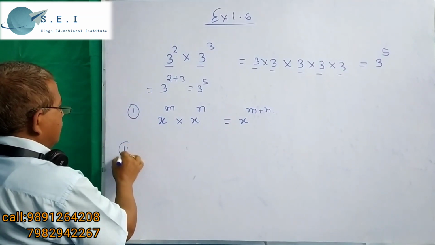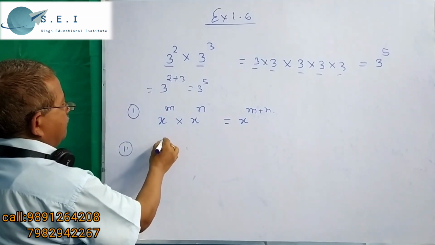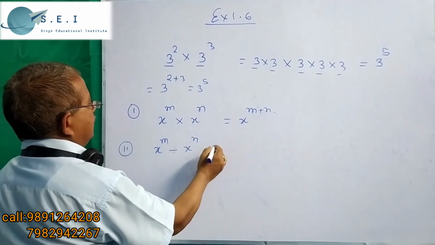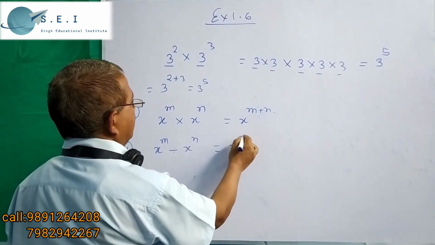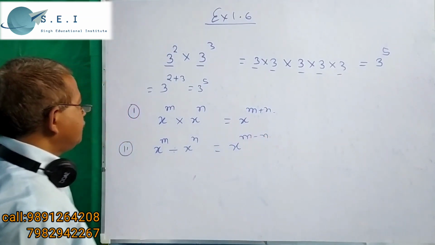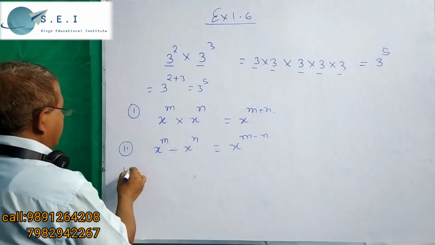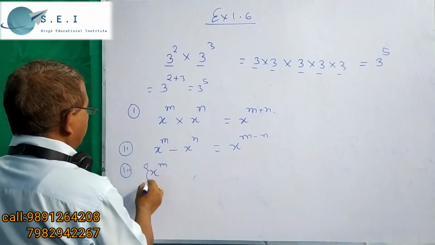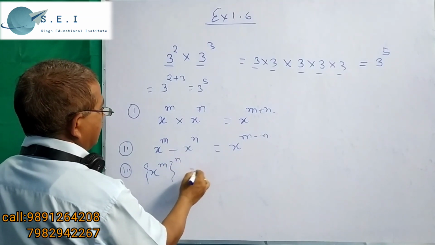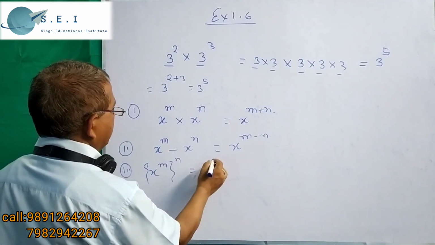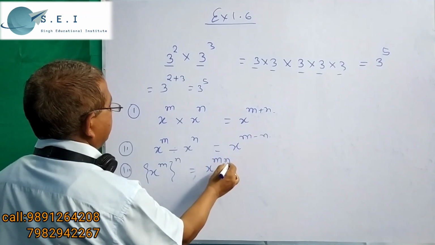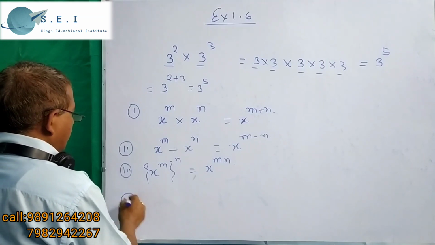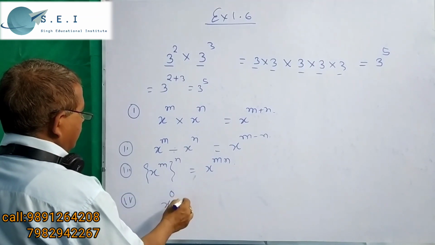Second rule is x to the power m divided by x to the power n is equal to x to the power m minus n. Third is x to the power m, to the power n, is equal to x to the power m multiplied by n. Any number raised to the power 0 is equal to 1.